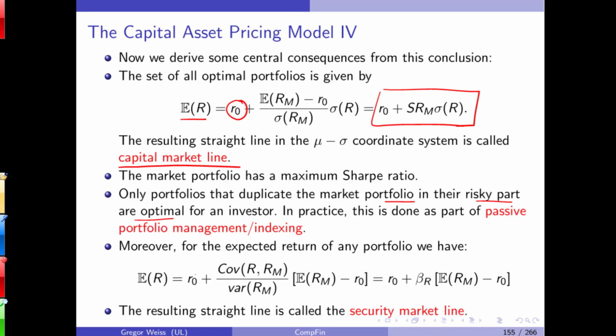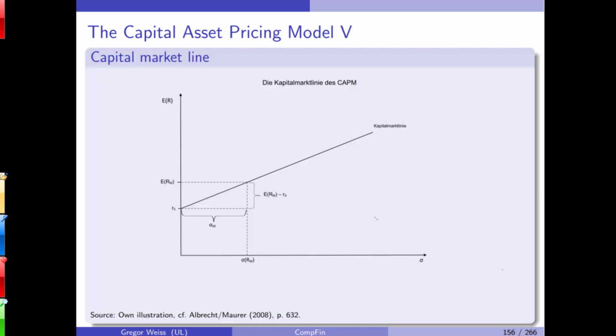Moreover, we get the same here for the expected return if instead of the Sharpe ratio we use the beta factor. You can simply rewrite it as risk-free investment plus the beta factor times the excess market return. And this, again, if you draw this in a graph, is called the security market line.